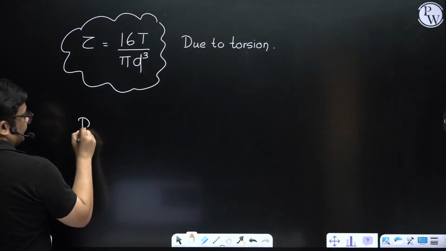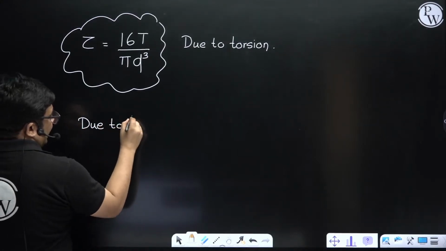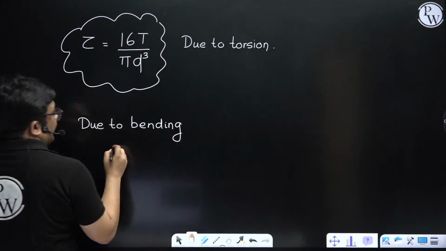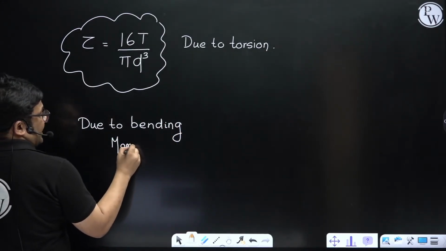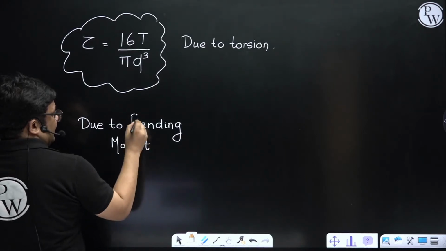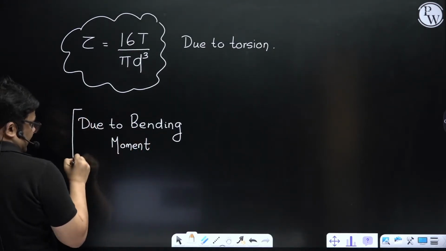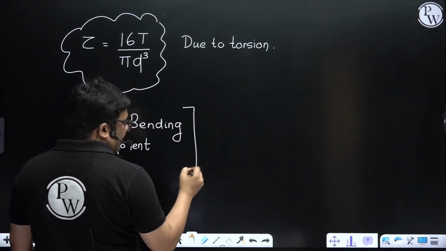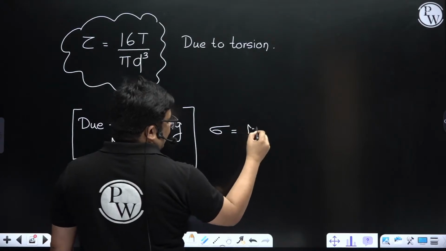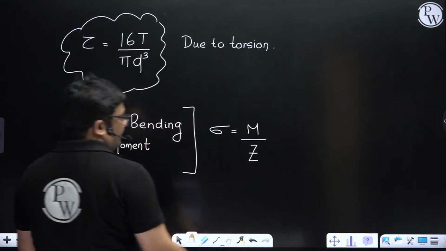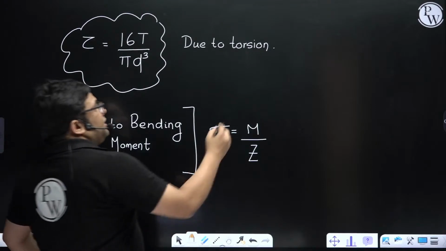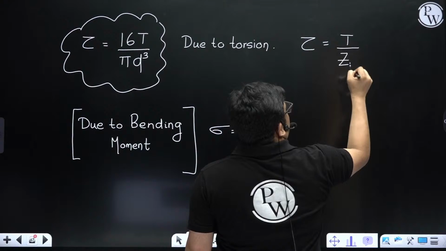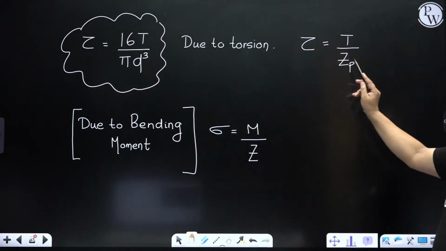Now due to bending moment we get bending stress, which is a normal stress. What is the maximum bending stress we'll get? It was M by Z. Remember, maximum shear stress was T by Zp, and Zp was pi d cube by 16.